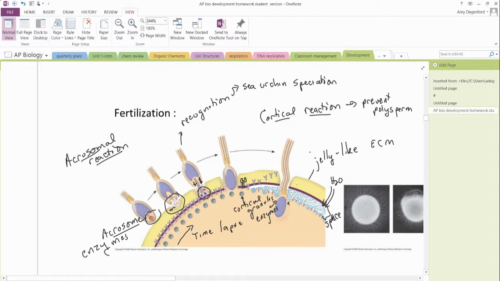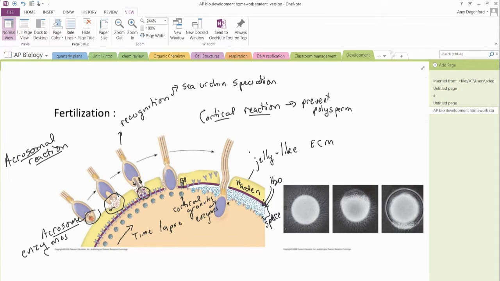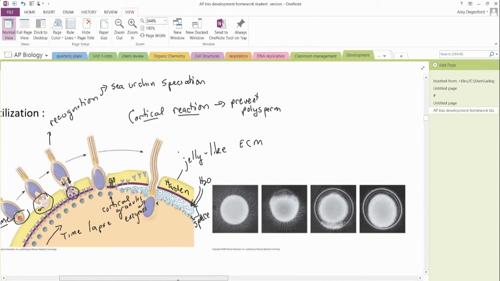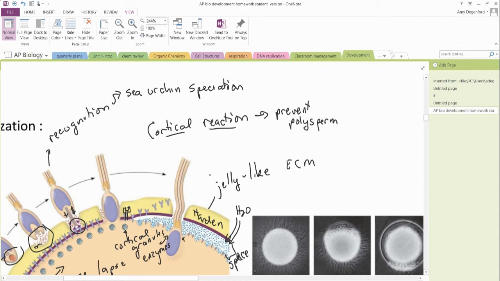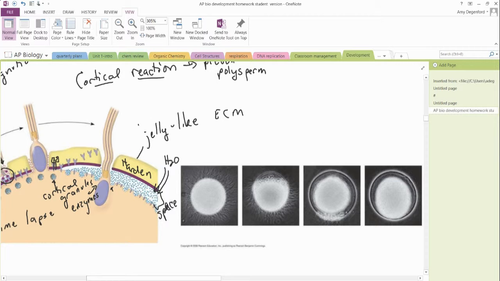Not only that, but it's going to serve to harden this region of the egg, and we will then see all of the other sperm cells being pushed away, and then the sperm cells can't fertilize. You can see this in this diagram over here. Let me zoom in, and we can examine it in a little bit more detail.